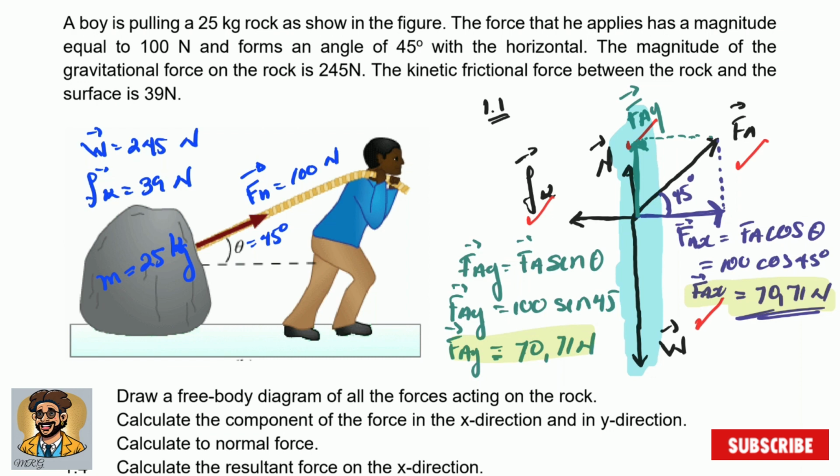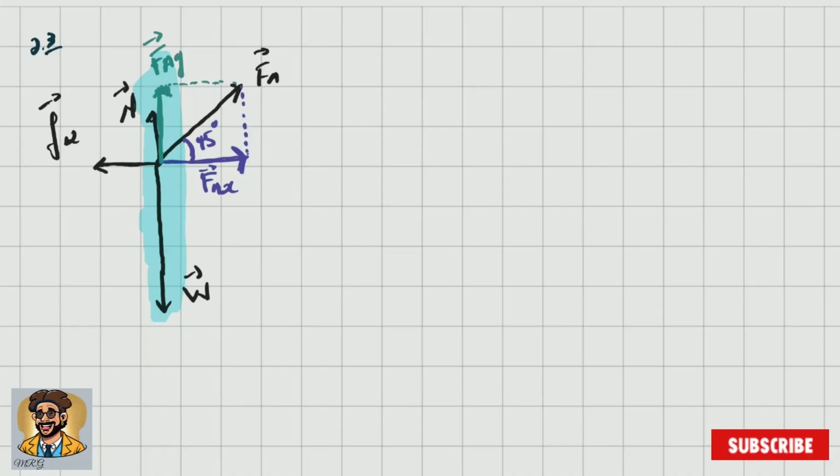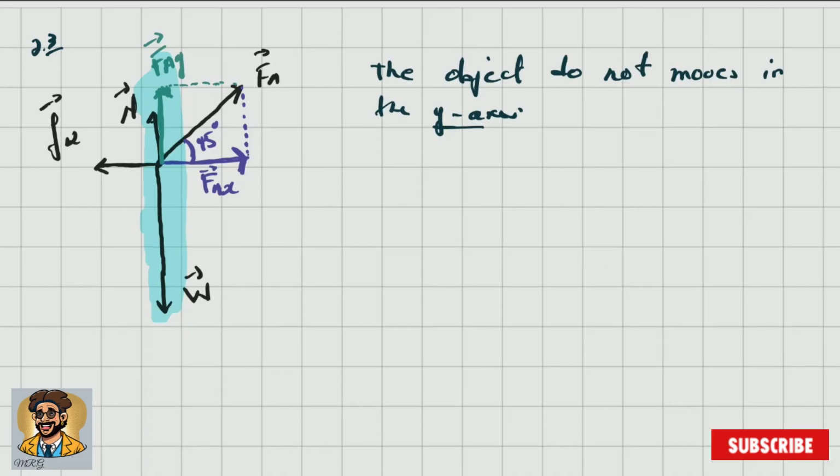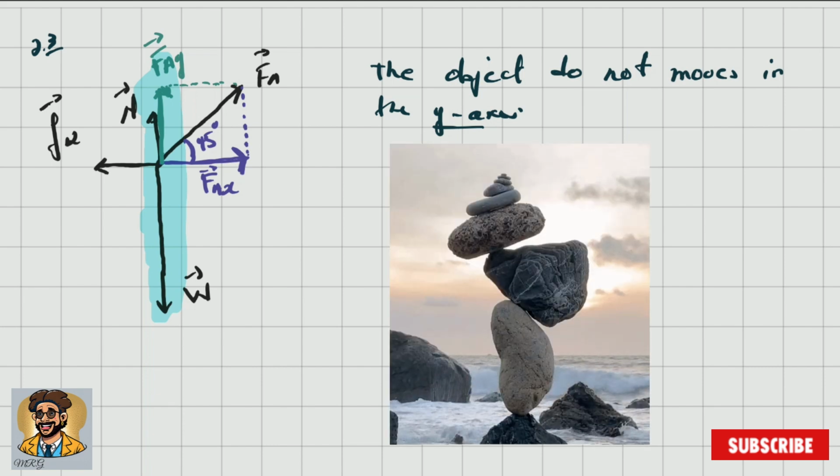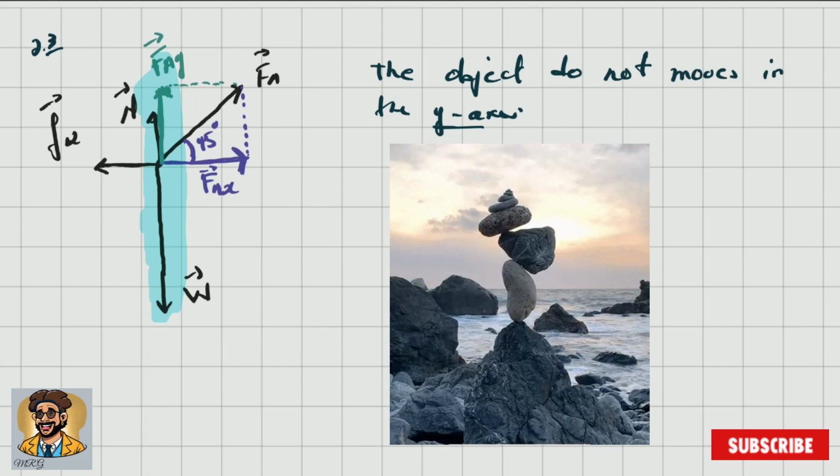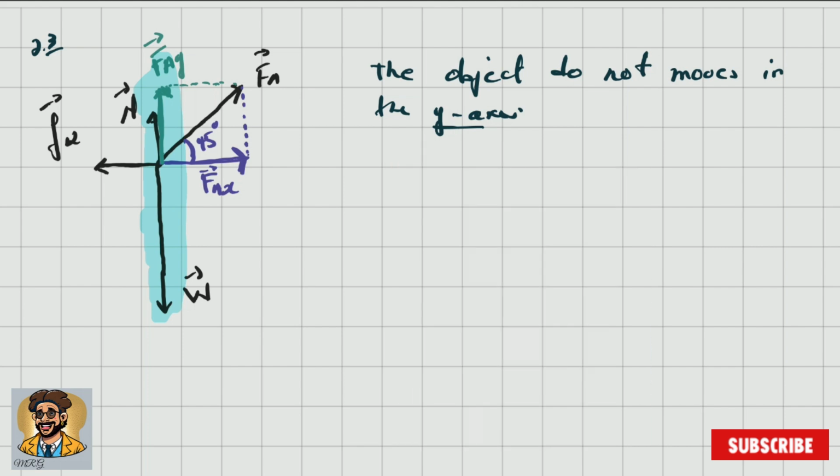This object is not moving in the y-axis, it's moving horizontally. Therefore, the forces are at equilibrium in the y-axis, and we can say that the net force in the y-axis is equal to 0.